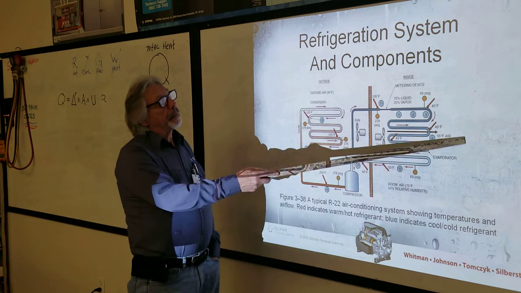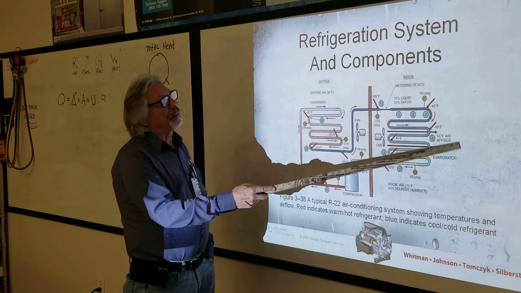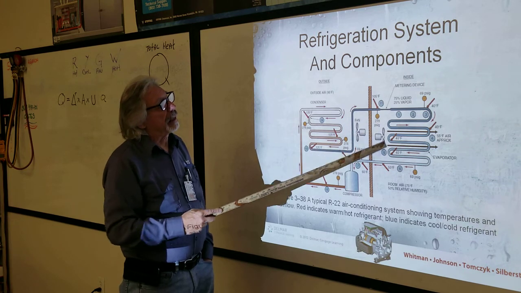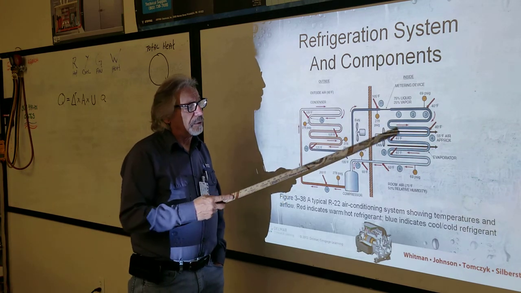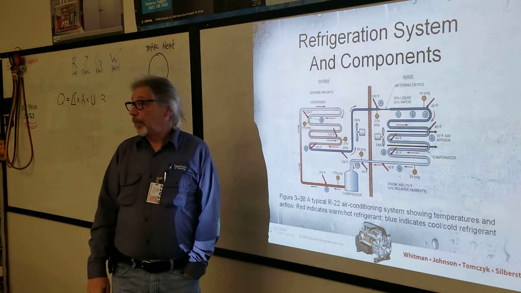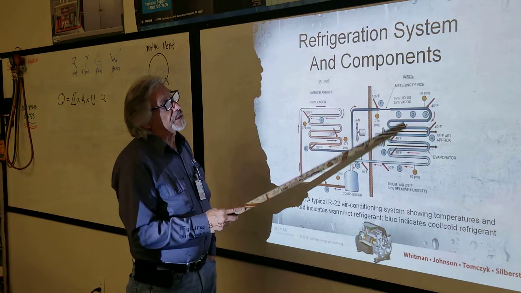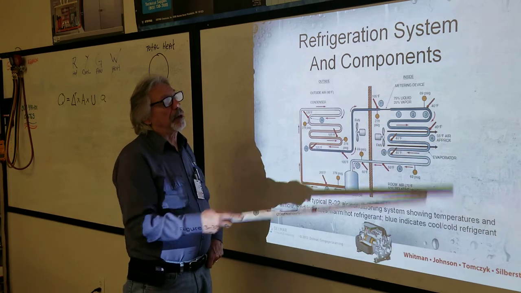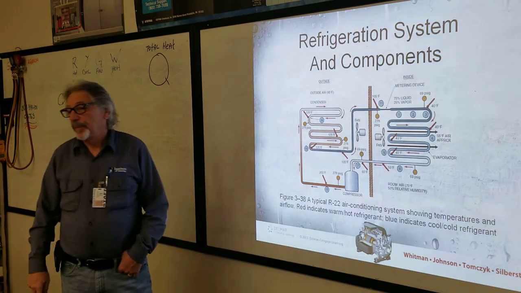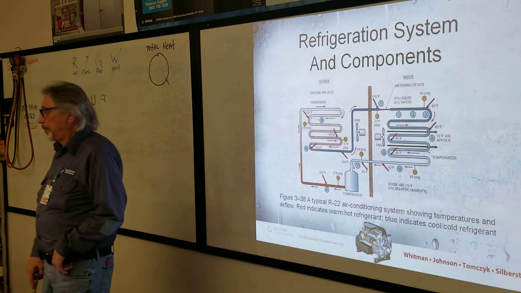As the air from the room blows over that 40 degree evaporator coil, it absorbs heat in the room, thus blowing out the air at approximately 55 degrees. Okay?